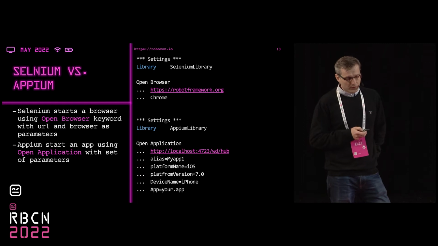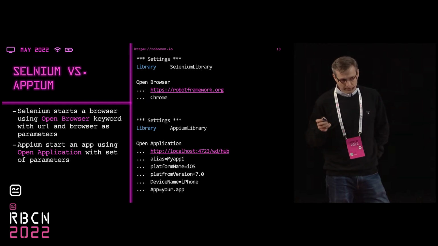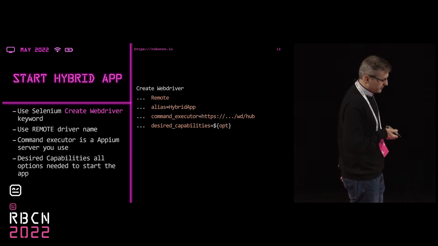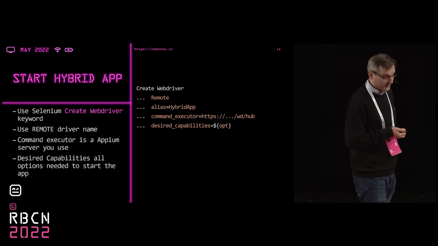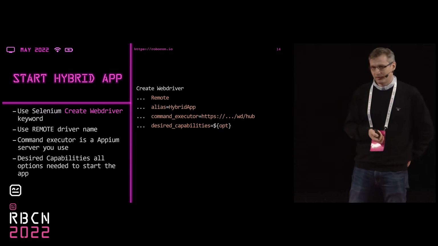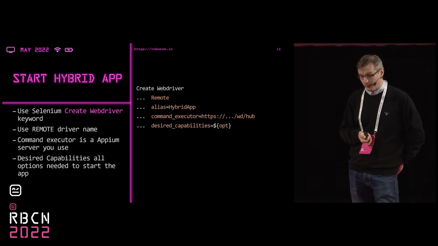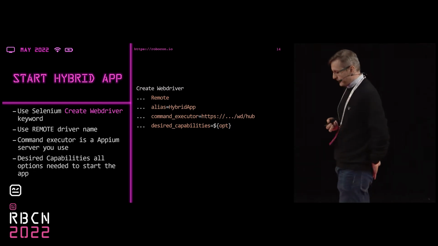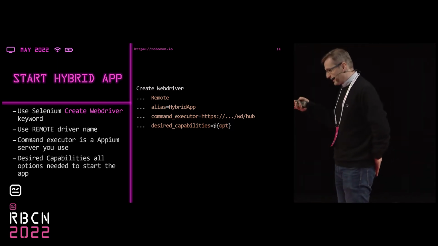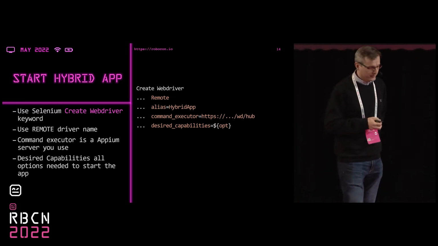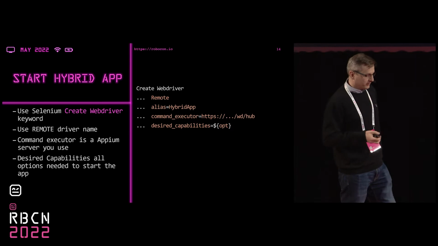But there is one more keyword in the Selenium library called create web driver. It's probably not used very often. At least I had not been using it before I investigated that idea. It allows you to create a custom connection between the library, the Selenium library in this case, and the server.